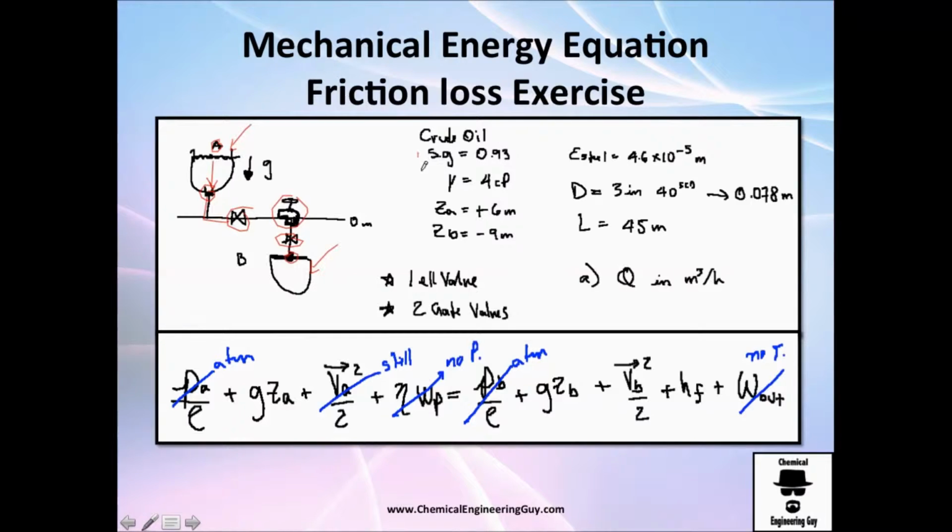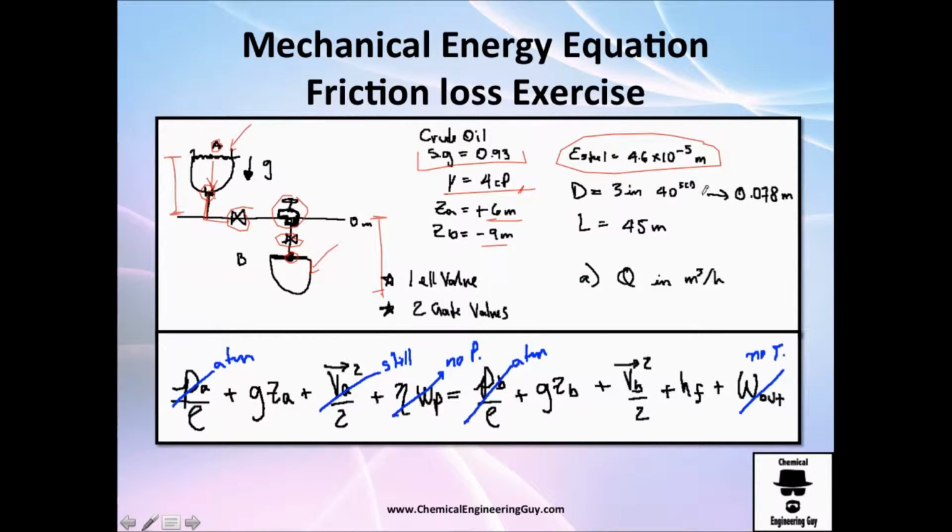They give us the specific gravity, they tell us it's crude oil, they give us the density, the viscosity. With respect to the ground, they gave us the height of tank A, and with respect to the ground also the height of tank B, which is negative. They tell us that we're using steel pipes, so we will have that roughness right here.